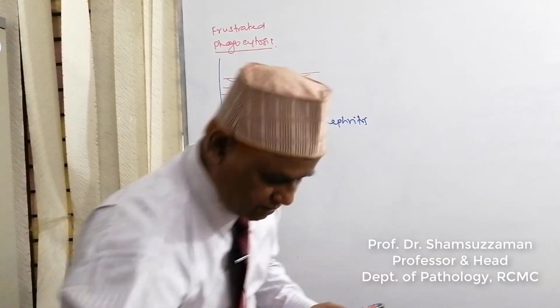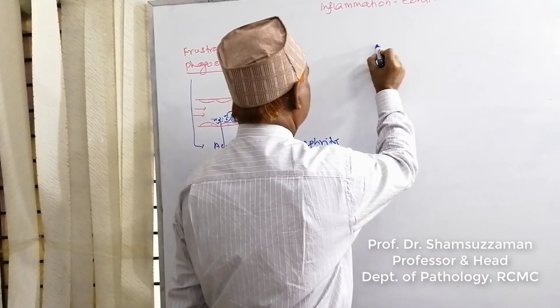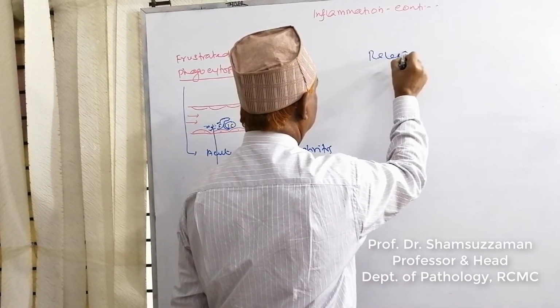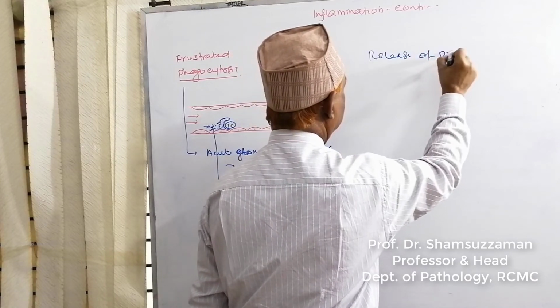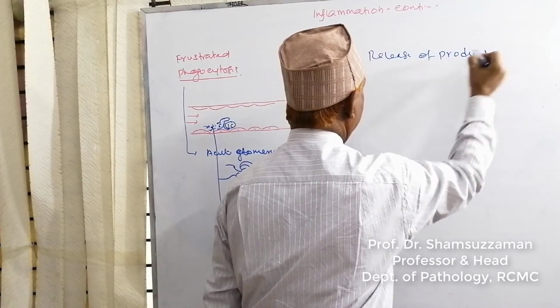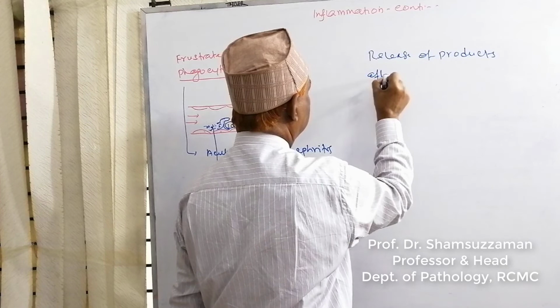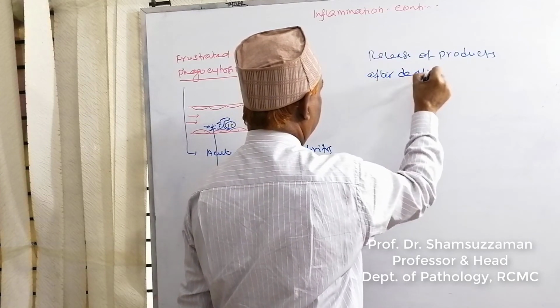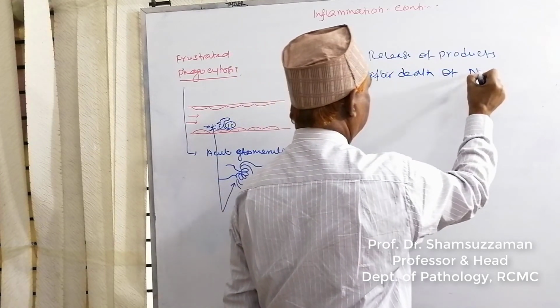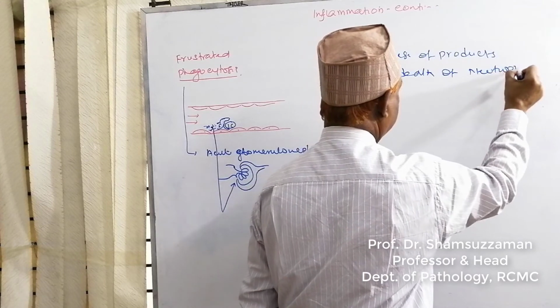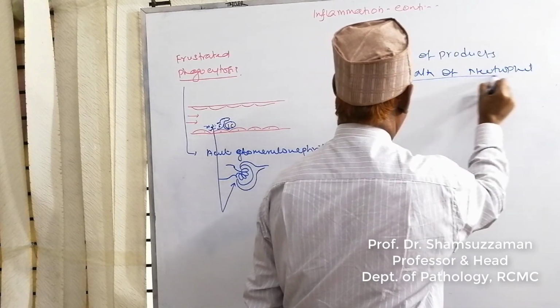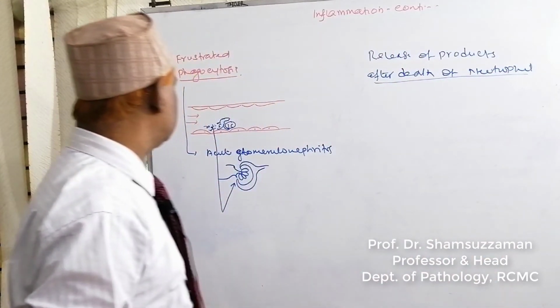And the last one is release of products after death of neutrophil or phagocytic cell. What does it mean? Again we can recapitulate.